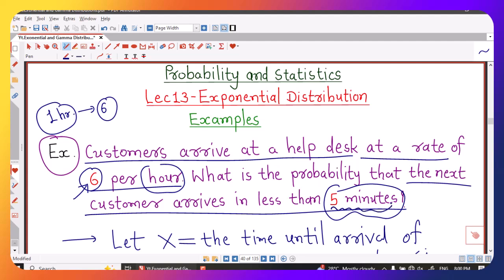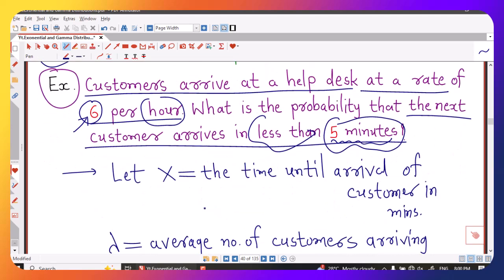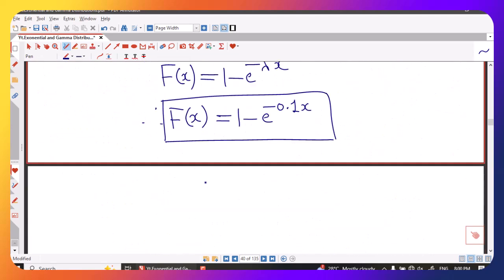Now here they have asked to calculate the probability that the next customer arrives in less than 5 minutes. That is equivalent to the fact that the time until the arrival of next customer is less than 5 minutes. So we write that we are asked to calculate the probability that a customer arrives in less than 5 minutes.